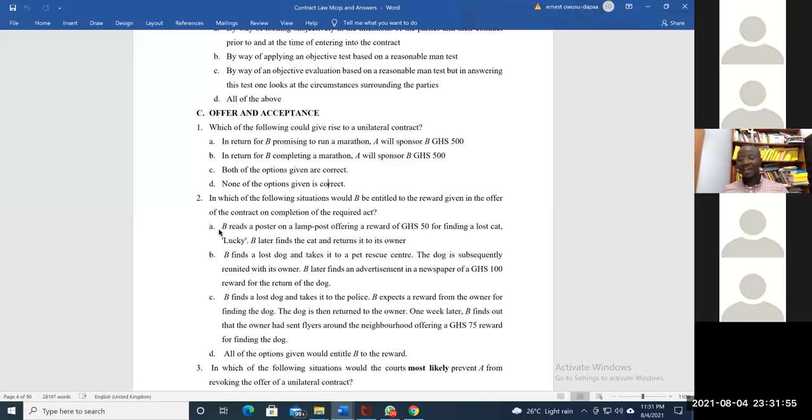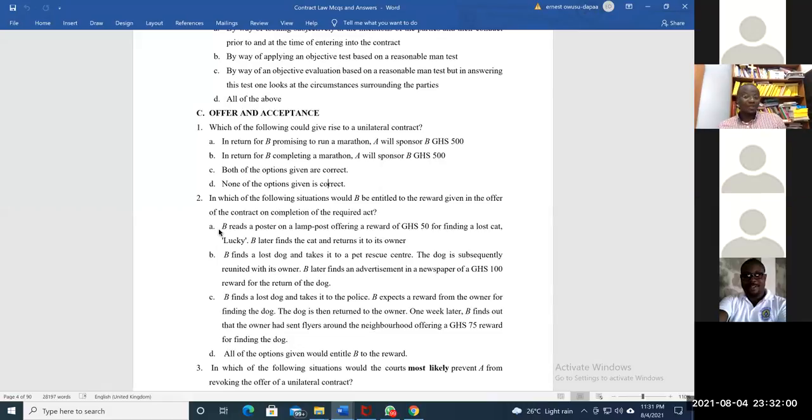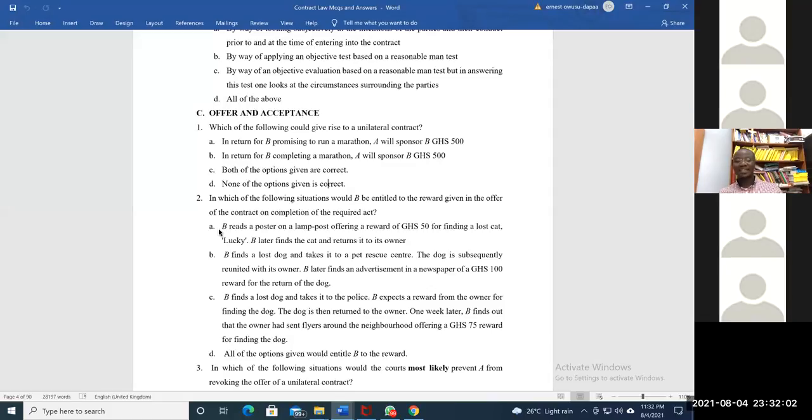Yeah, so I share your difficulty, and that is one of the reasons why I don't like multiple choice for law, but we cannot do anything about it, especially where we have conflicting authorities.